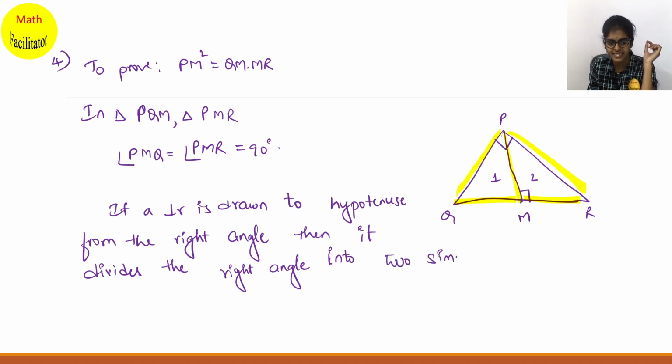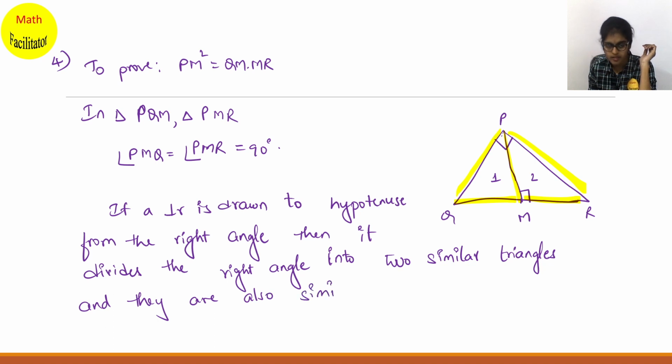Here you can see triangle 1 and triangle 2 I named. These two similar triangles are also similar to the bigger triangle.